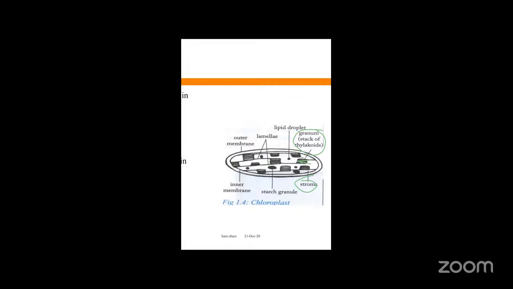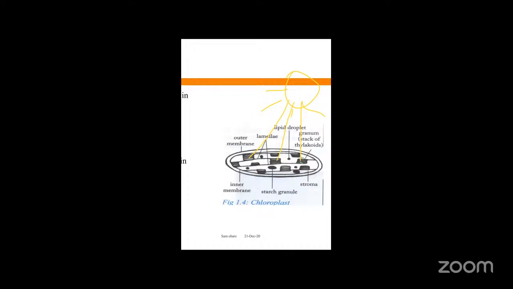Now, what is the function of chlorophyll being present in the granum? The function of chlorophyll is simply to trap sunlight. So during the day when there is sunlight, this is the sun and it is shining, the sunlight will be trapped by the granum like that. And when it is trapped, the granum will carry out photosynthesis on behalf of the plant.